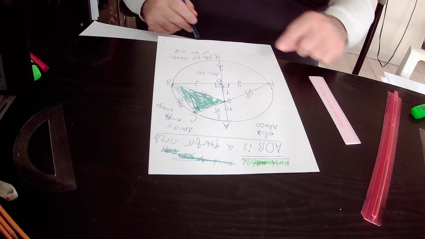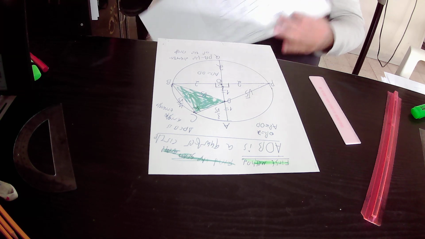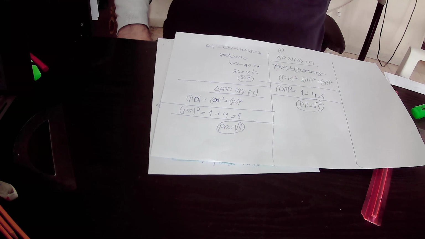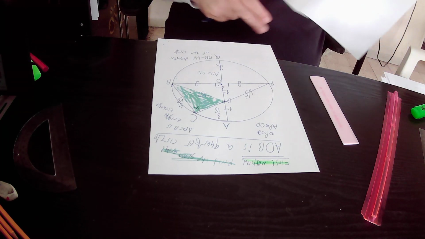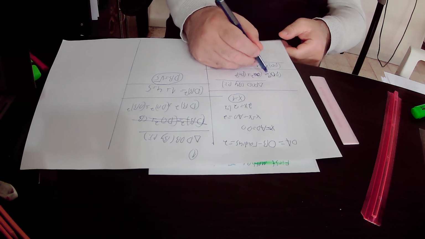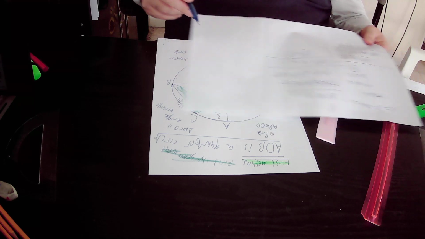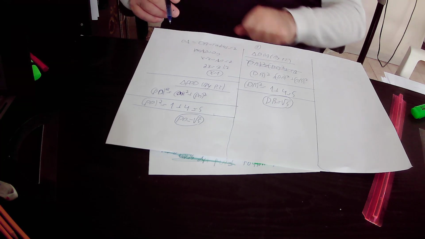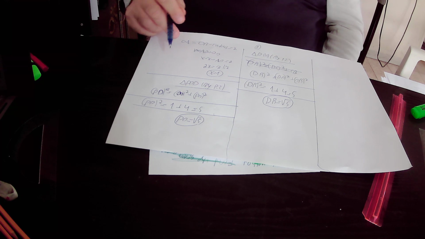Then we implemented the Pythagoras theorem on the right triangle POD. According to the Pythagoras theorem, the square of the hypotenuse equals the sum of the squares of the perpendiculars. The hypotenuse is PD, therefore PD squared must be equal to OD squared plus PO squared.